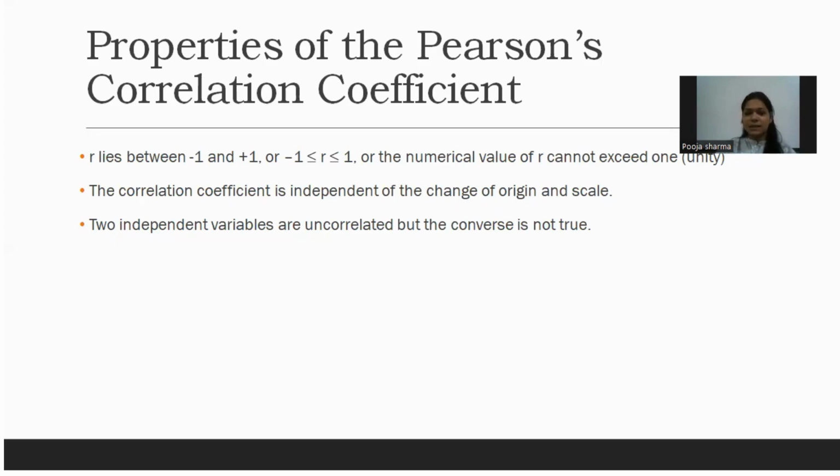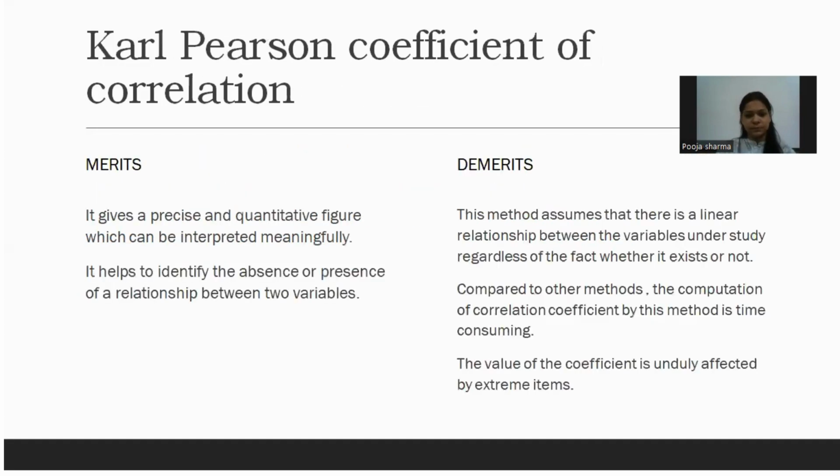It will give the same value. The third is that independent variables are uncorrelated, but the converse is not true, because correlation basically finds only the linear relationship between the variables.